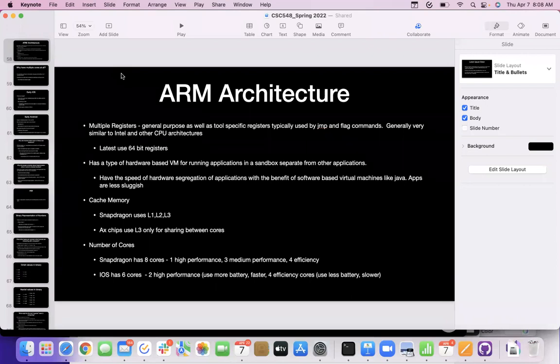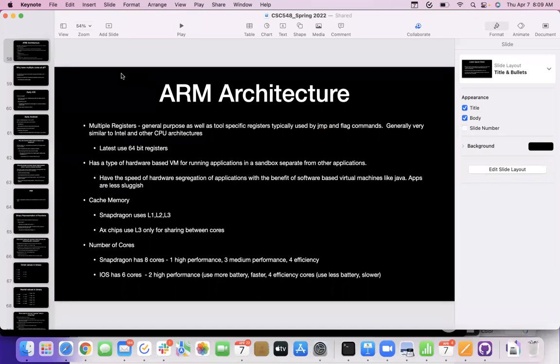Some of them might be specially designed registers for jumps, which are going to be related to things like if statements, and flags are going to be related to a bunch of different stuff. So we do have some general purpose registers, and then we have some special purpose registers. But anyway you cut it, our ARM architecture has these hardware registers just like Intel and other CPU architectures do.